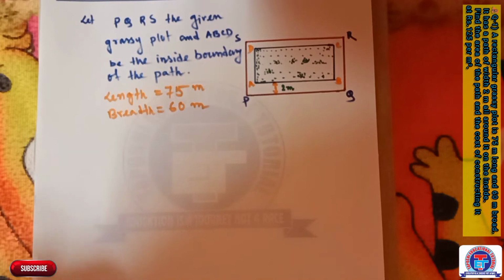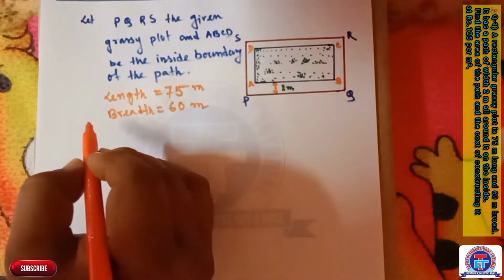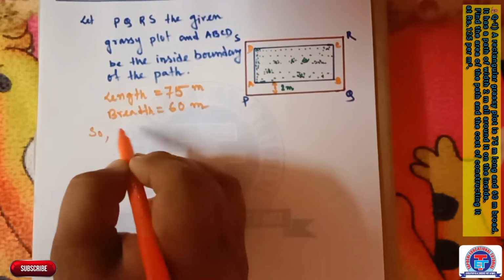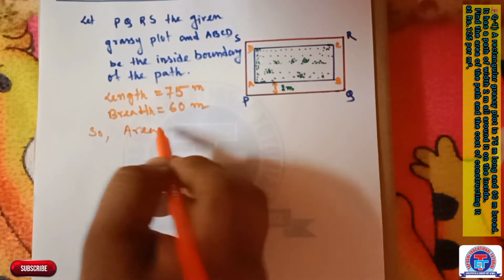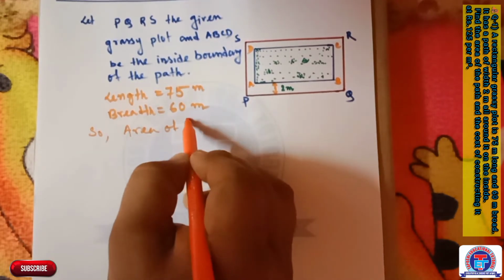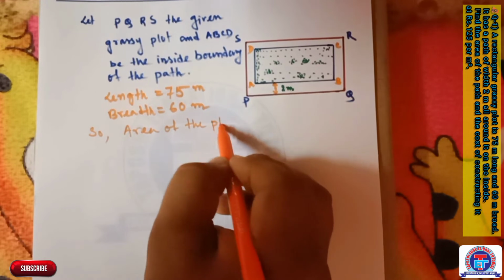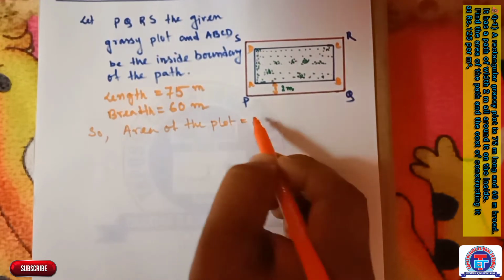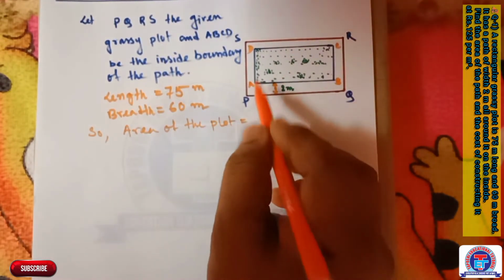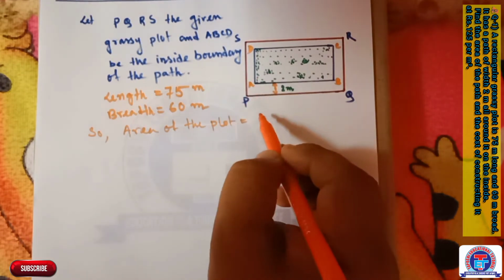So the area of the plot is equal to length into breadth, right?